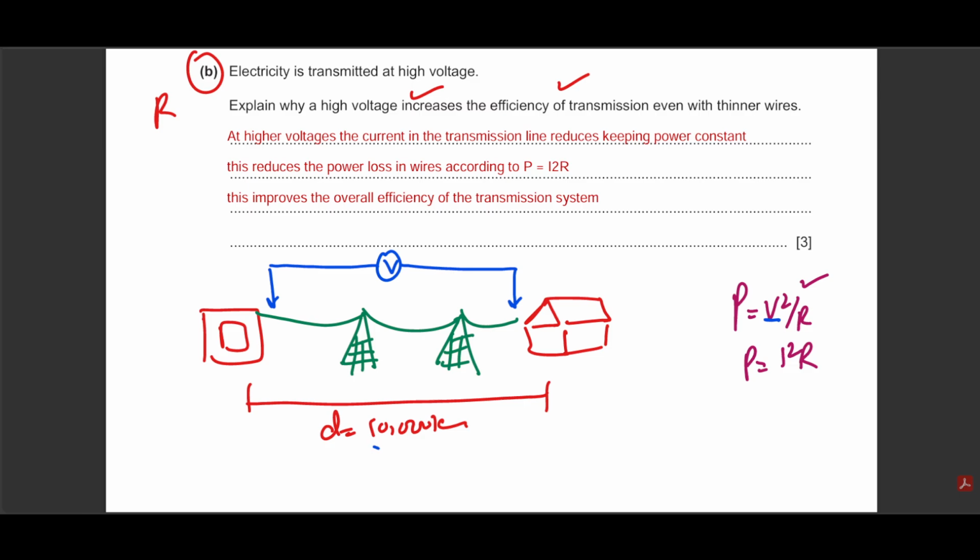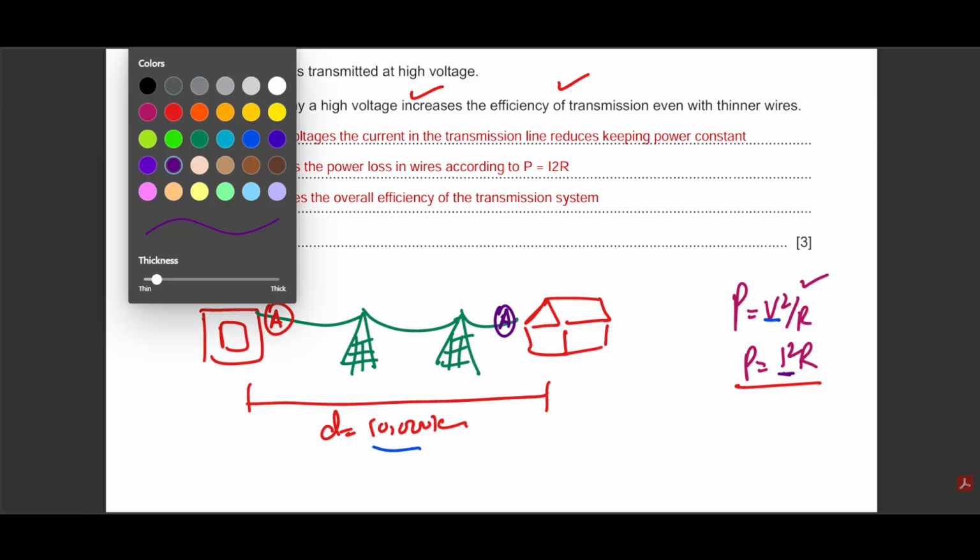You see, if this is 10,000 kilometers, this will also be 10,000 kilometers, which again would not give us the right answer. And it's impractical. So what we've settled for is the equation P equals I squared R, because I can use a simple ammeter at the very start of the system, and I would know that the current received at the end is also the same. Why? Because it's a series circuit, and I know the current in a series circuit remains the same.